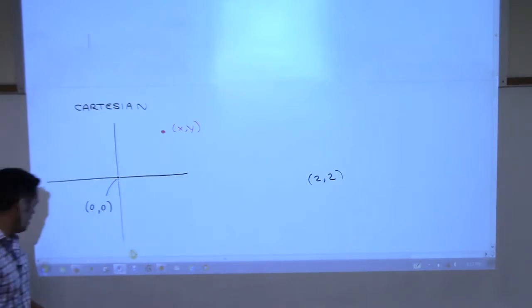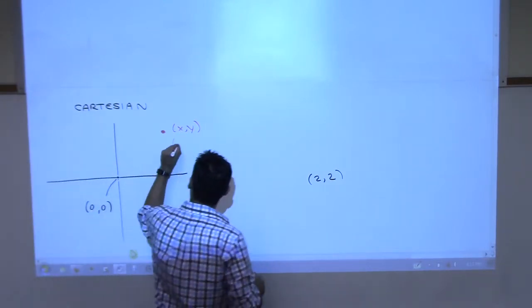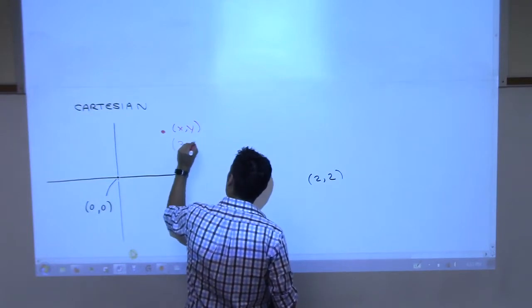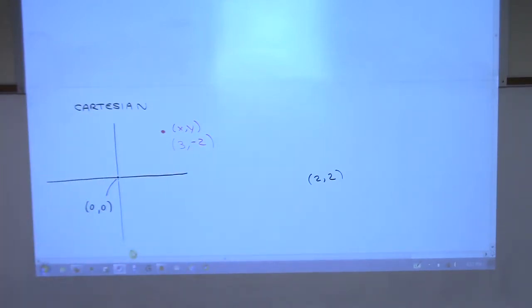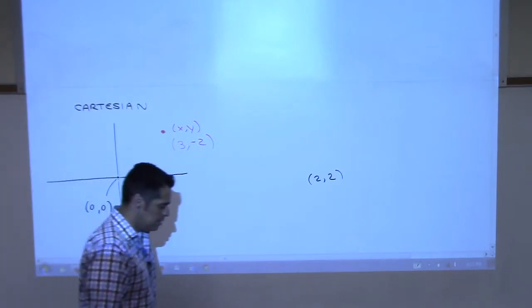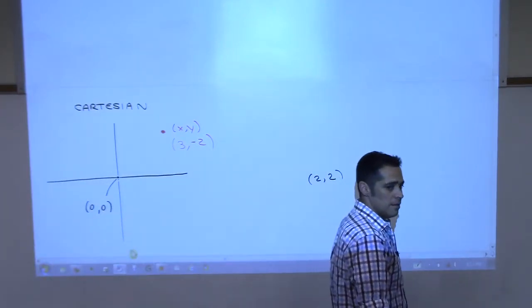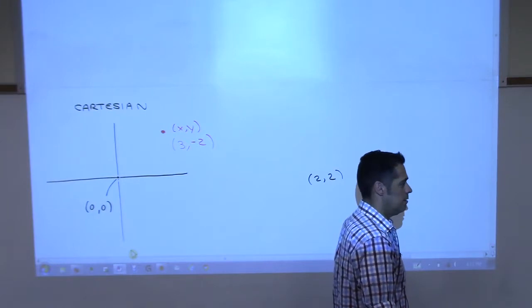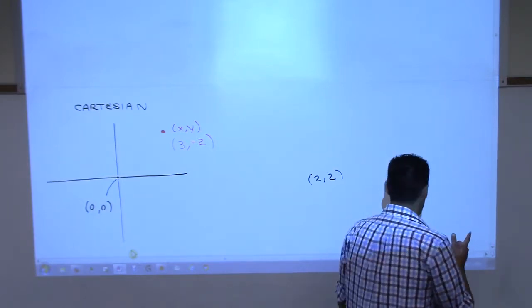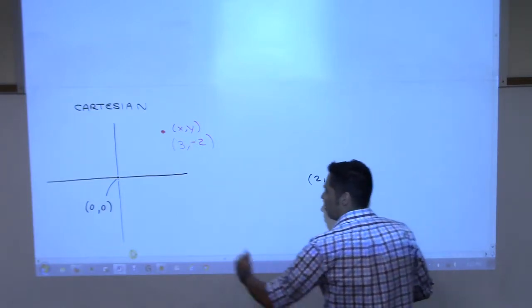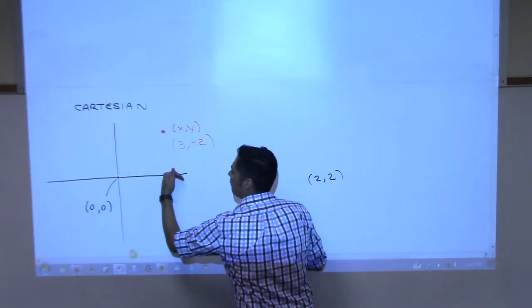So if it says on that point, 3, -2, then what I'm going to do is this. Standing at the origin, I'm going to walk out 1, 2, 3, stop, right? And then what? I'm going to turn perpendicular, okay? So now what I've done is I've walked out 1, 2, 3, and I've turned this way, right?